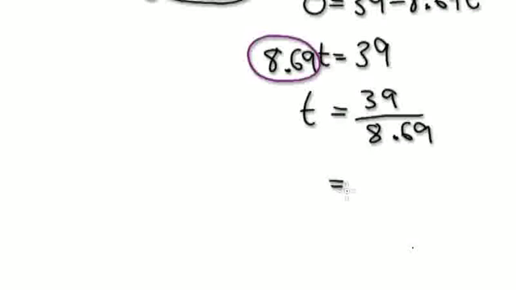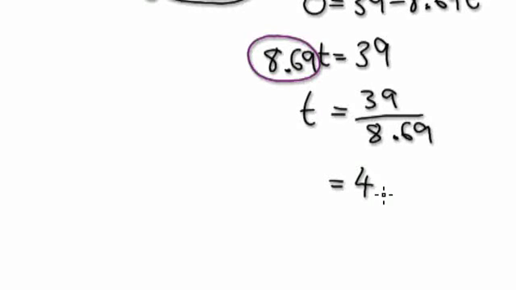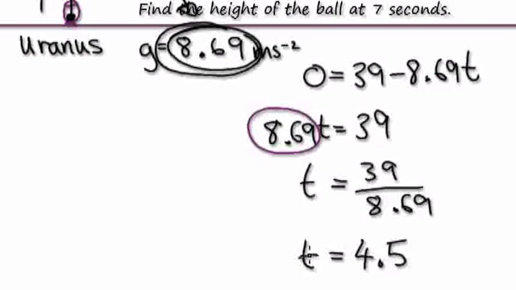Then jump to a calculator. 39 divided by 8.69 equals 4.49. Let's round off to two decimal places.